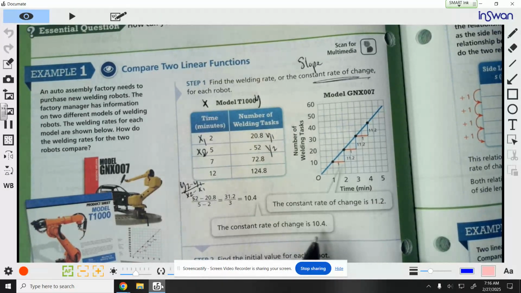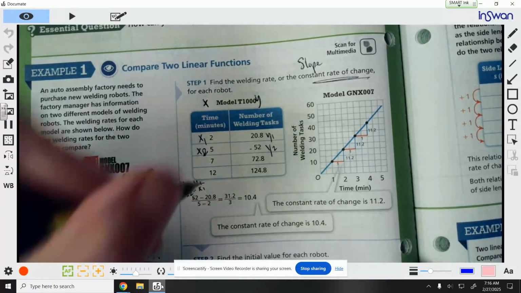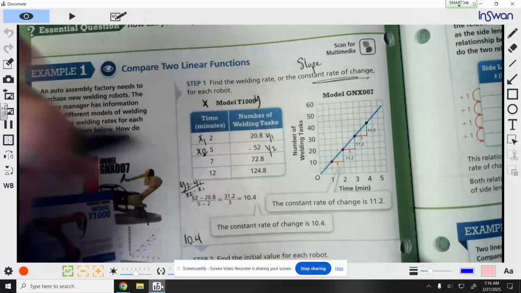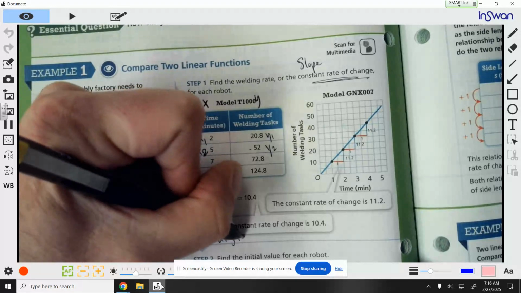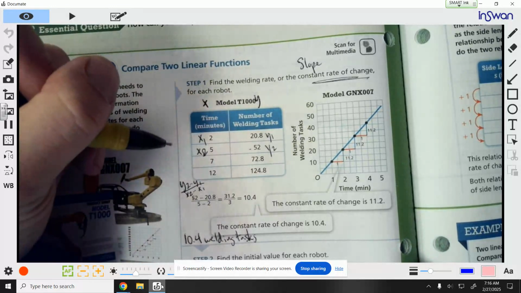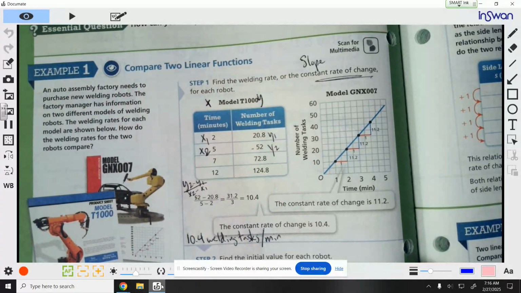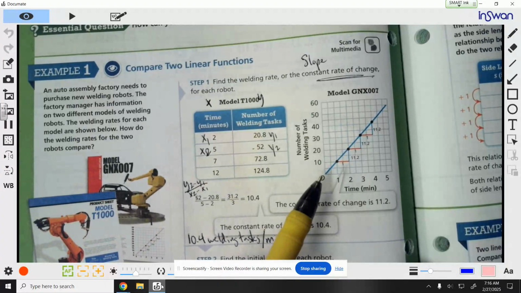So the constant rate of change for the model T1000 is 10.4, which means it can do 10.4 welding tasks per 1 minute. Okay, the model GNX 007 is represented over here by this graph.